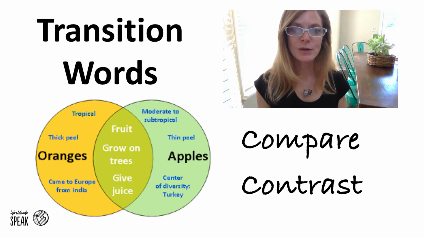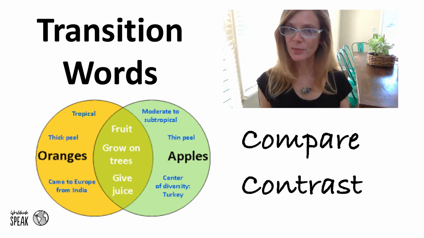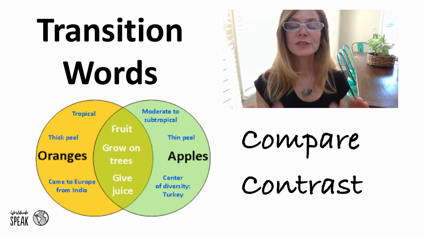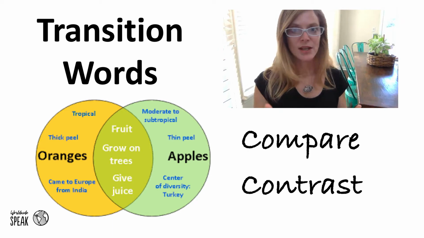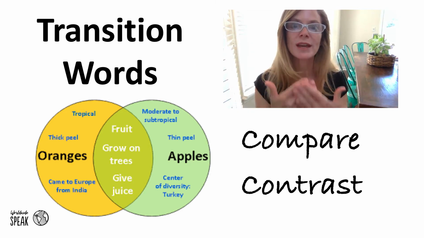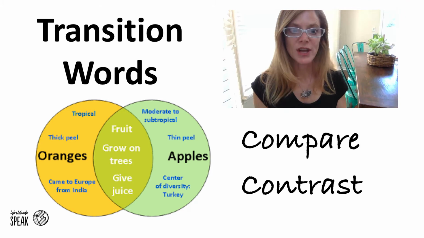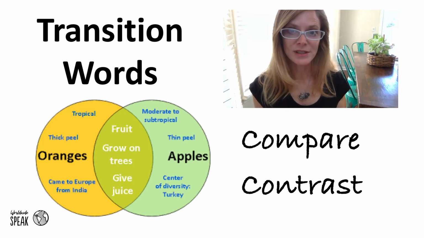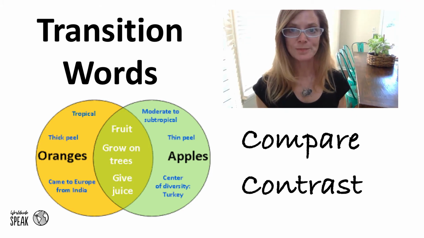The things on the outside, such as thin peel and thick peel, are the things that are different. And then the things that the two items have in common are in the middle where they overlap, such as they both grow on trees and they're both fruit.